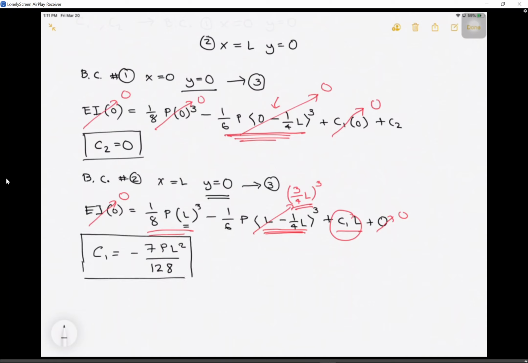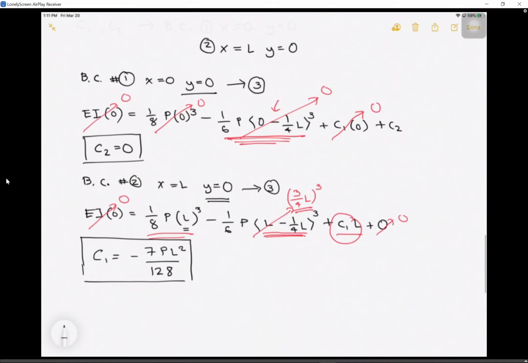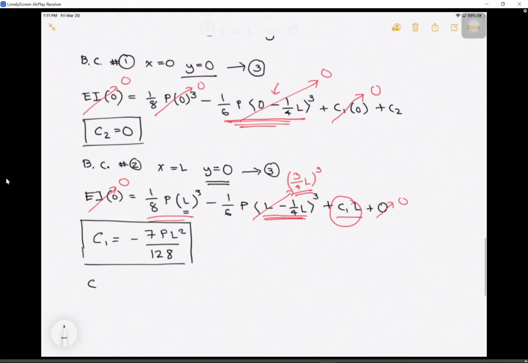So how can we get the equation of our elastic curve? We have to go back to equation number 3 and substitute C1 and C2. So we have C1, C2, and then we substitute them into our equation number 3. Now, let's substitute that one.